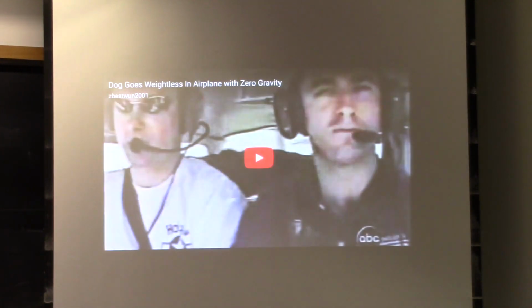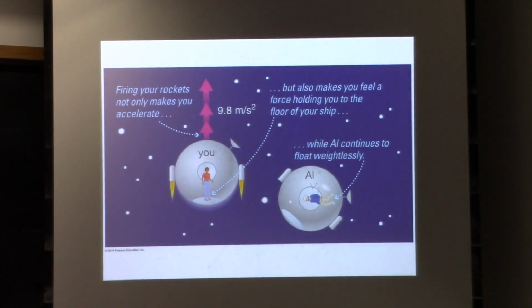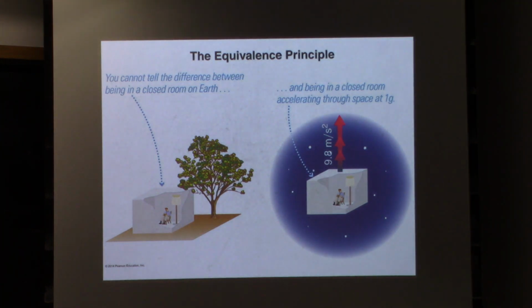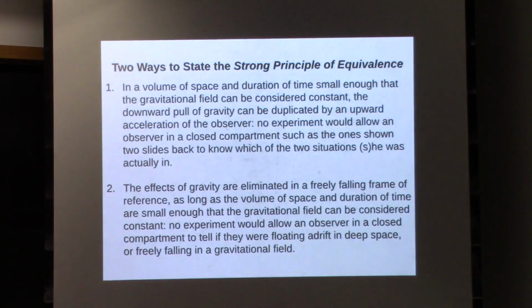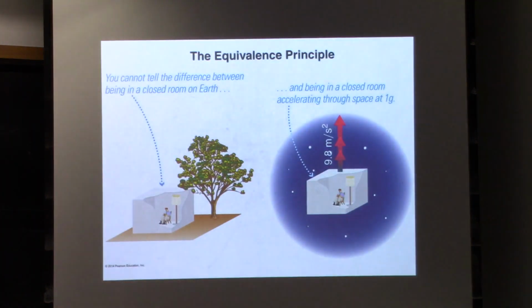So is it 2 slides back? No, it's more than that now because I added stuff. So in other words, this situation right here, we're doing an upward acceleration of the observer, the evil alien spacecraft.